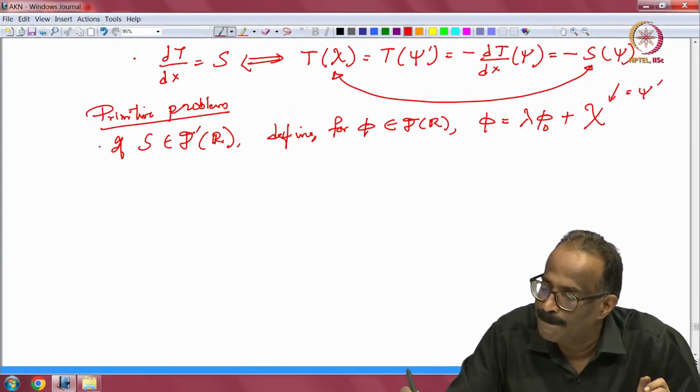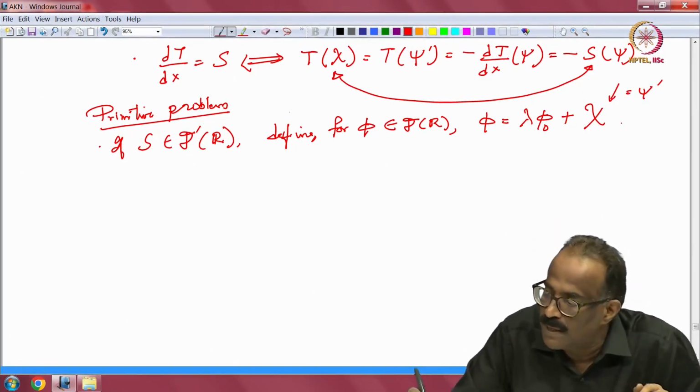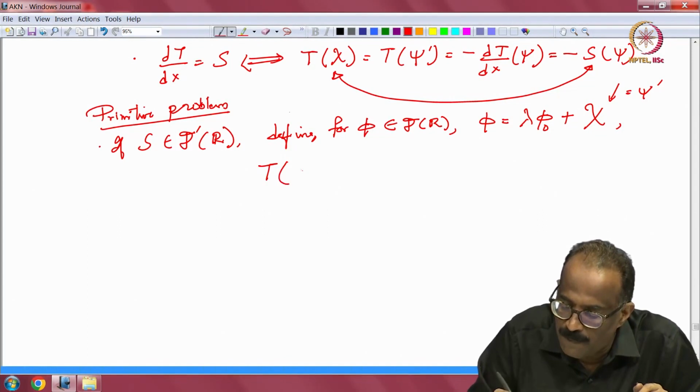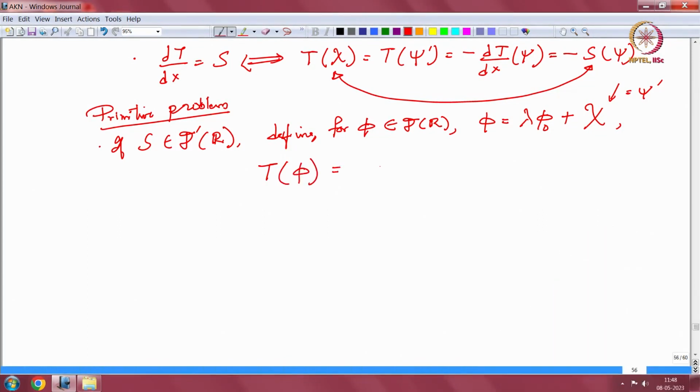So you define for this one your T of phi is equal to some lambda, the same lambda, some constant, any arbitrary constant you can choose.